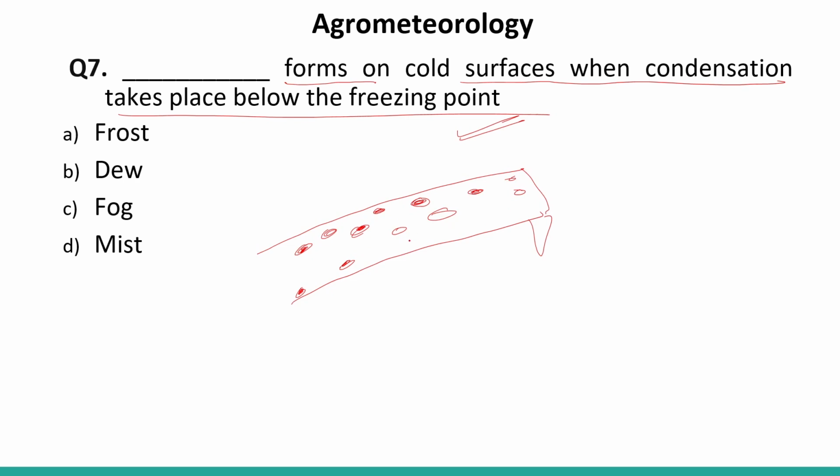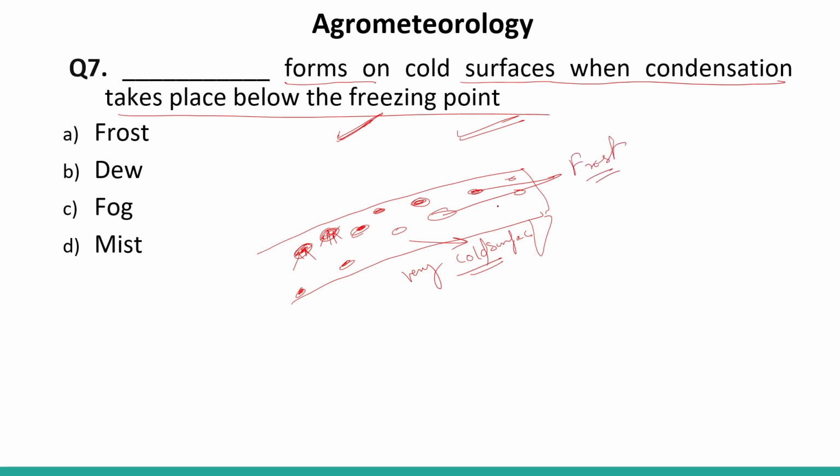So this is a very cold surface, and condensation takes place and water droplets are present here. These water droplets reach a temperature lower than the dew point, and they freeze below the freezing point and convert into frost.